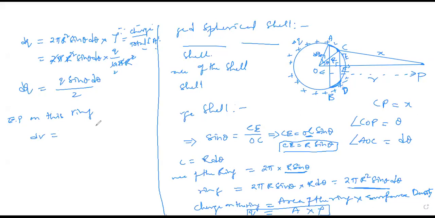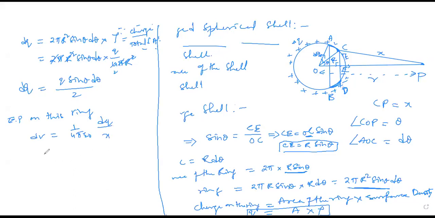So dV is equal to 1 by 4 pi epsilon naught dq by x, as we have already done in the previous case.